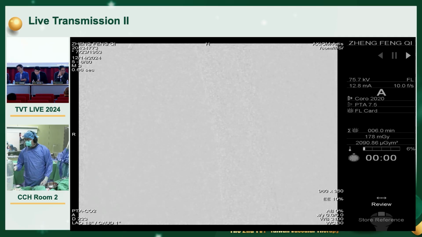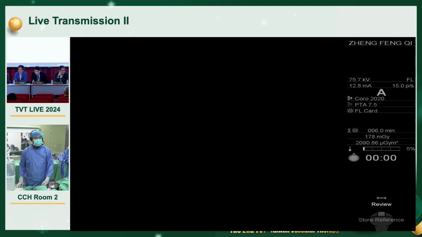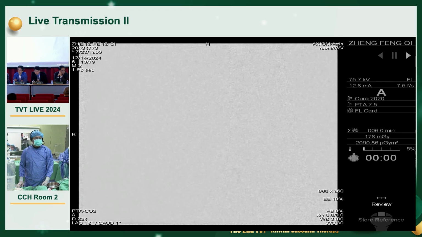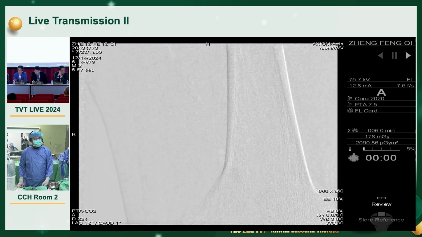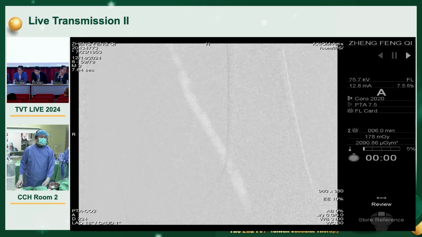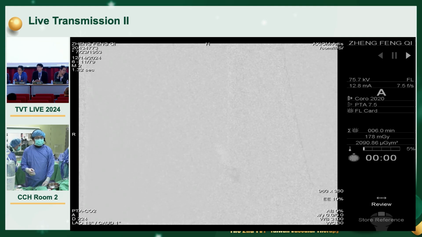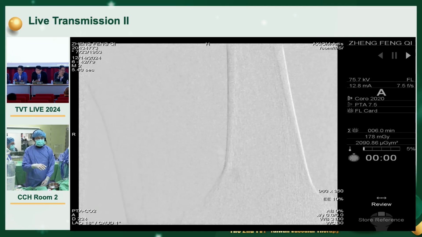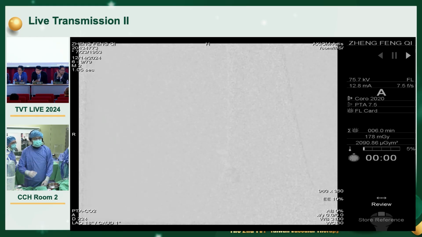Sometimes we worry about the CO2 angiography cannot cross the nearly total lesion, but in this case, I think the popliteal artery is patent.